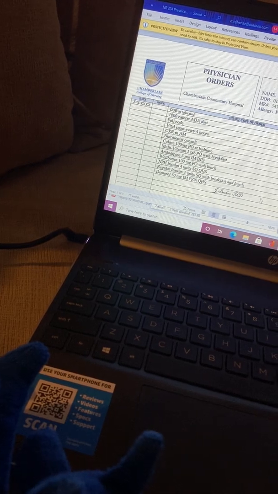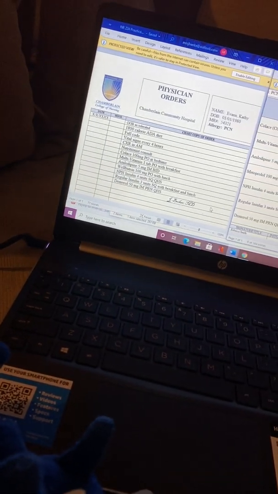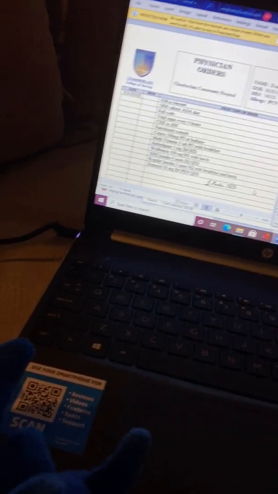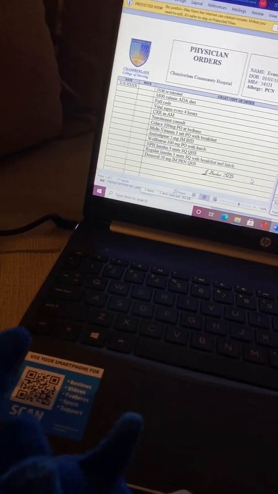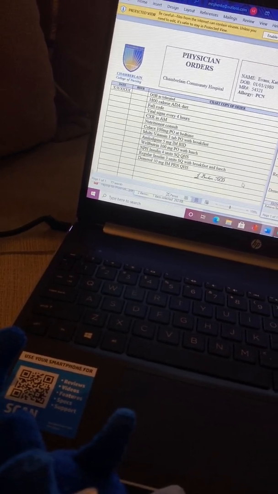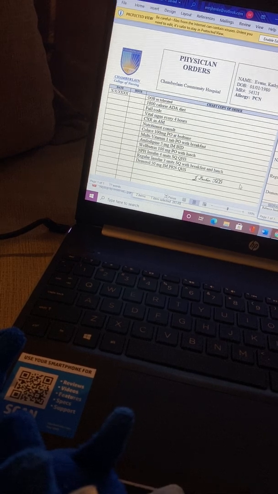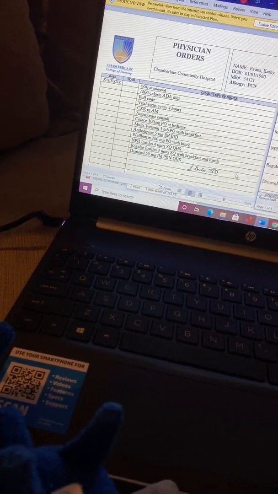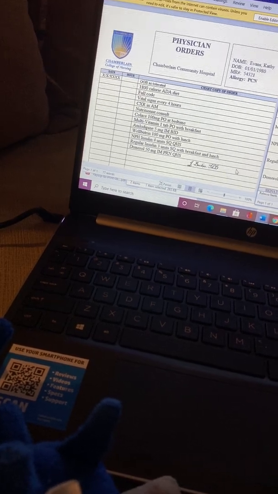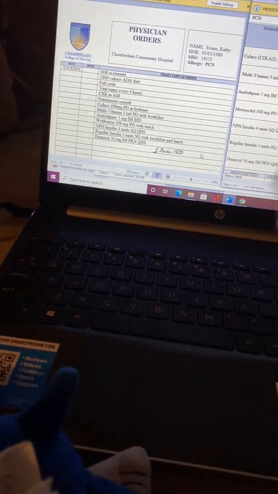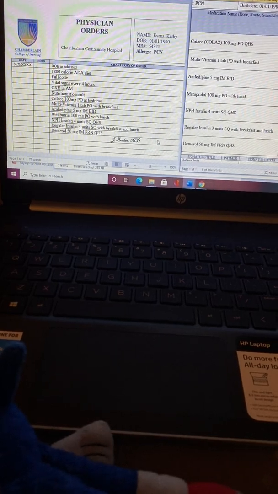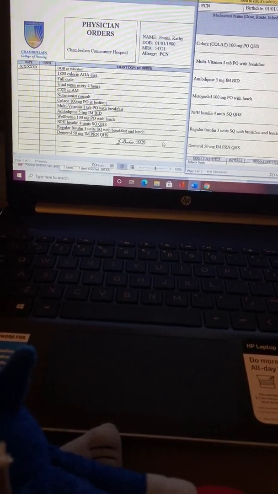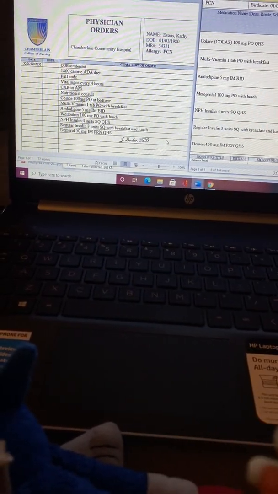So we would use like the upper part of the thigh area. We would clean the site with some alcohol. We already have our medicine prepared and drawn up.